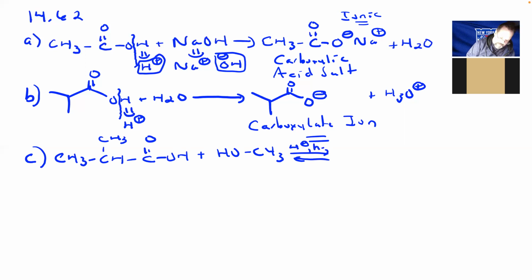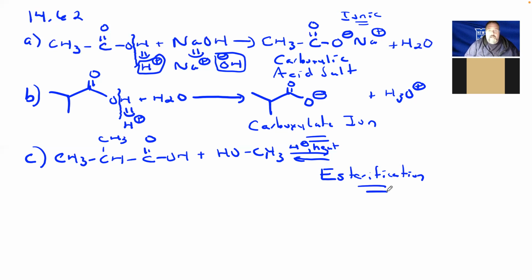H plus and heat, not really so much involved. The big thing is carboxylic acid plus alcohol. You have to remember what reaction it's going to be. Carboxylic acid plus alcohol is essentially going to be esterification. It's the main way to come up with an ester.